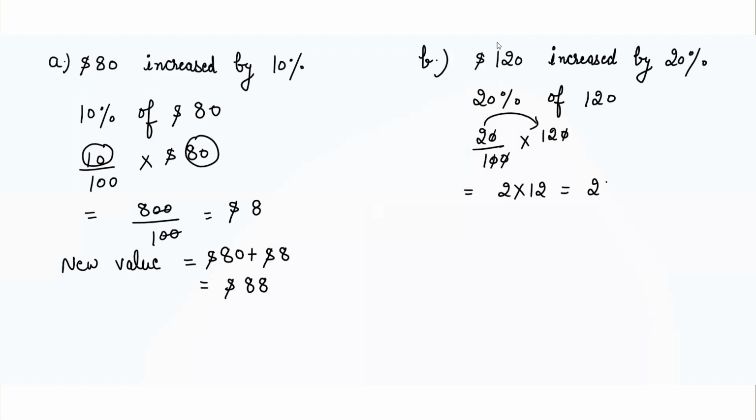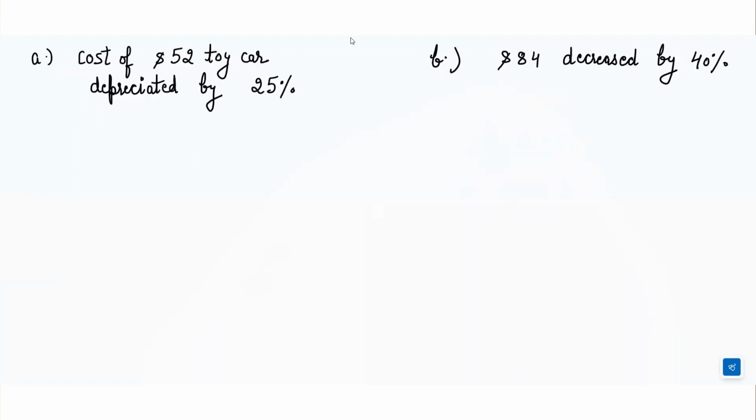That means 20% of $120 will be equal to $24. So the new value will be $120 plus $24, which is equal to $144.